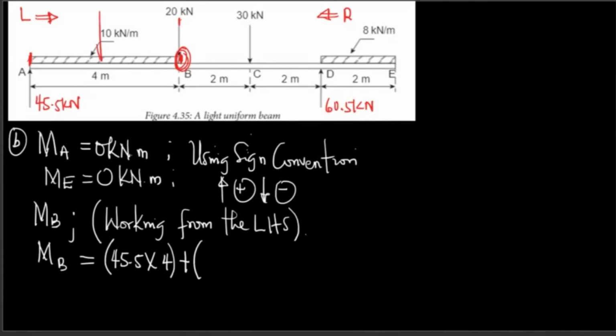There is another point load there, which is 40 kilonewtons. That force is pointing down, isn't it? So it's going to be minus 40 multiplied by the distance from that point to B, which is 2. Someone should give me this answer.